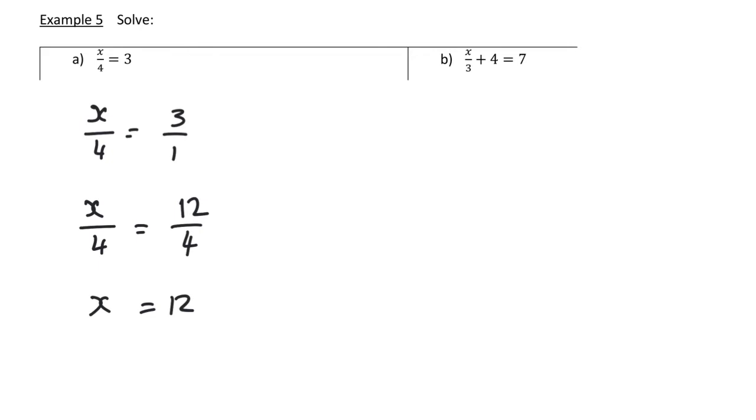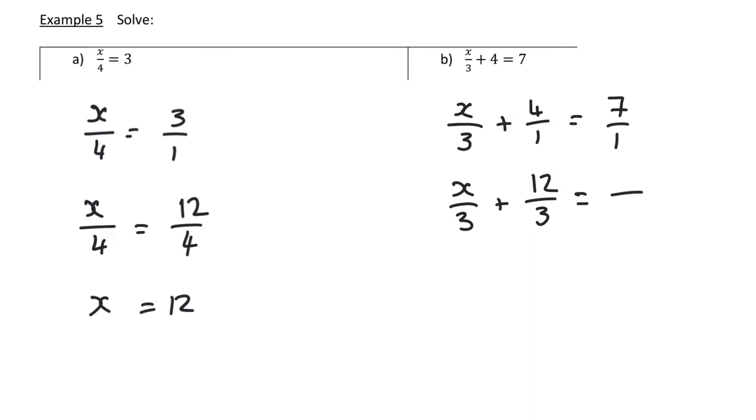Example B, we've got x over 3 plus 4 equals 7. Again, I'm going to write it as a fraction, so the 4 is going to be 4 over 1, and the 7 is 7 over 1. A common denominator between 3, 1 and 1 is going to be 3, so x over 3 is going to remain the same. 4 over 1 is going to be 12 over 3, so we've multiplied top and bottom by 3.